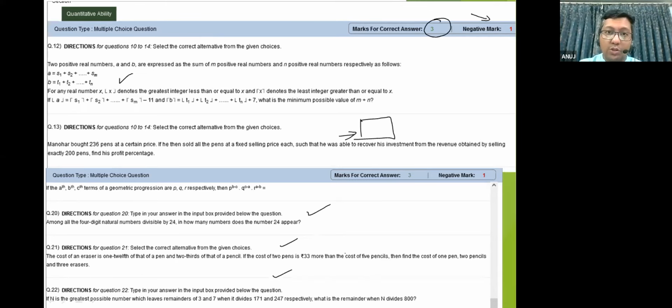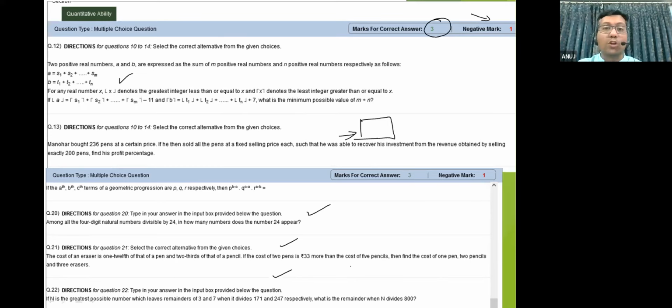So you don't know while scanning which question contains options and which question is a type-in. When you actually go to that particular question number, there also you have to take a judgment on whether this question needs to be solved with the help of the options. Can I make it simple with the options? Or I can skip it and go to the next question.